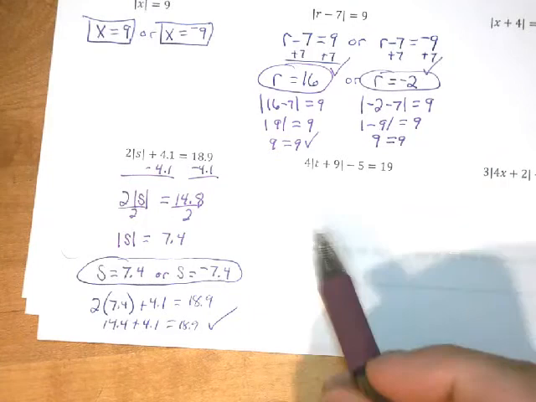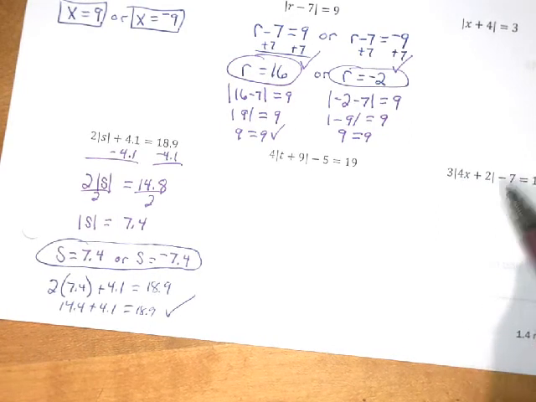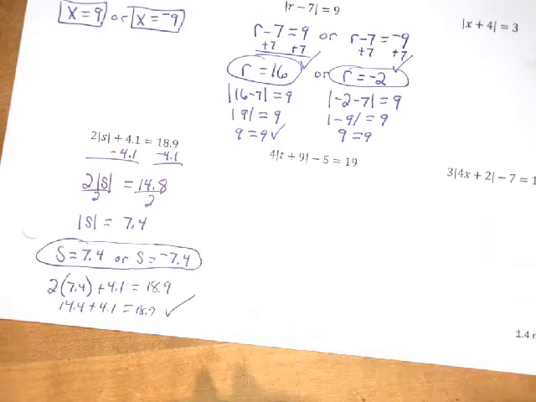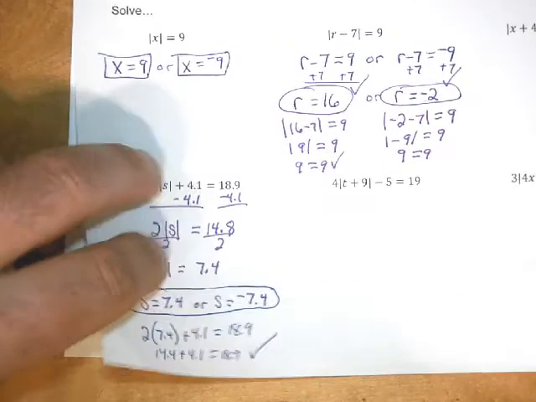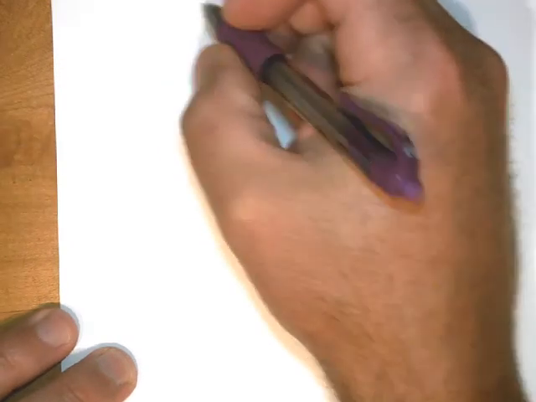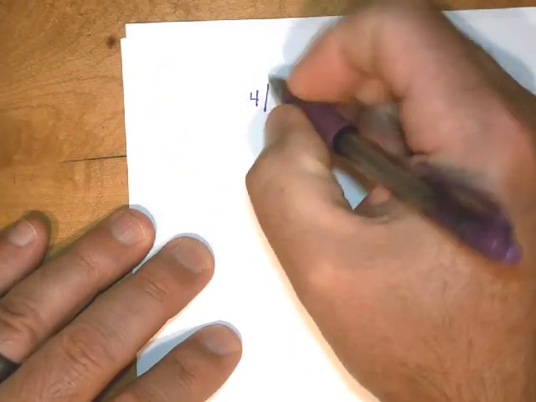Moving on to the last one that we're going to do together on the front page. I'm going to let you do this last one here, the 3, 4x plus 2 minus 7 equals 11 absolute value question by yourselves. But I'm going to give myself a little bit more room here. So I'm going to write that out on just white paper.